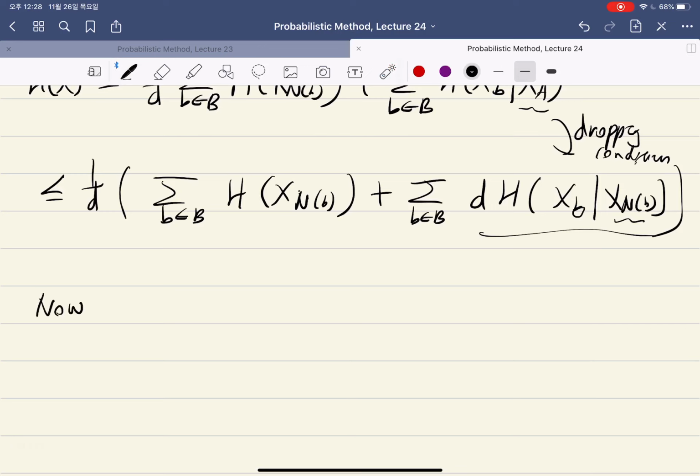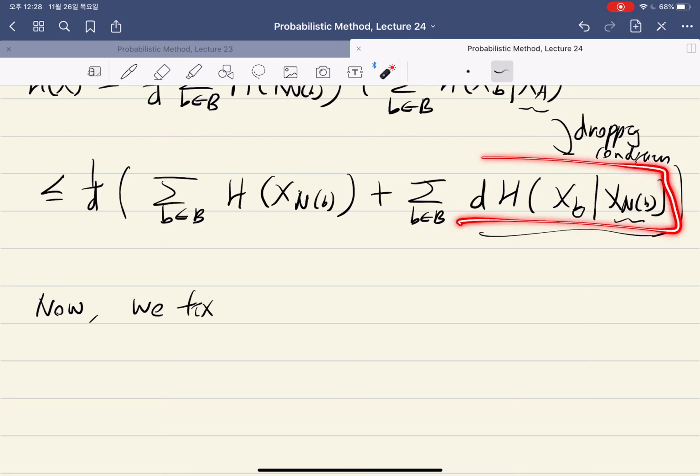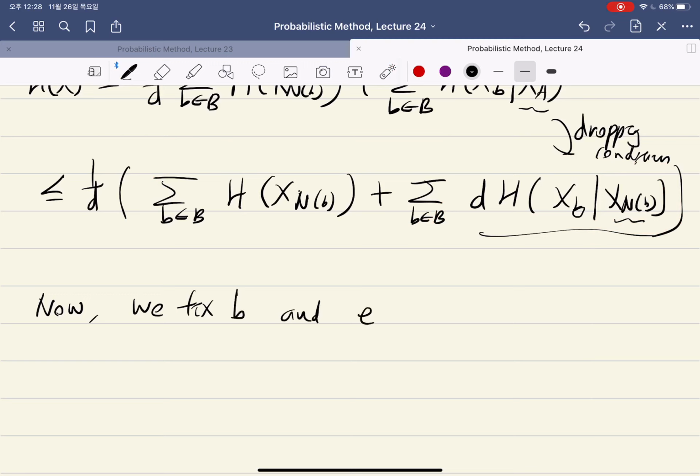So now we want to estimate each of these terms. So we forget this for now. So we fix B, and we want to estimate this term as well. So we fix B, and then we estimate this term.